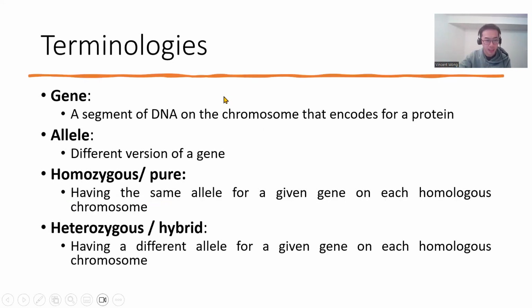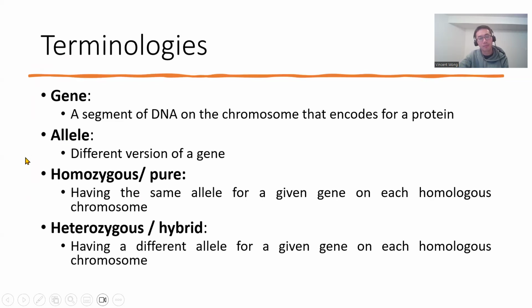So let's go through some terminology first. A gene, you should know by now, is a segment of DNA on a chromosome that encodes for a protein. Genes might have different versions, which we call alleles.